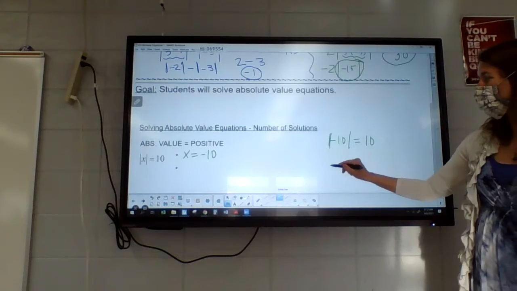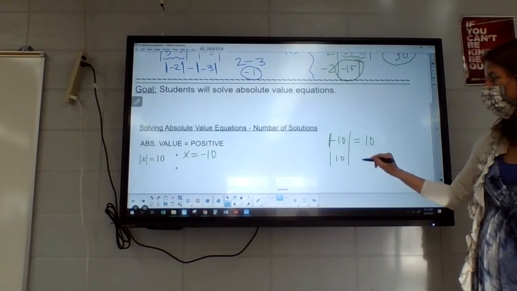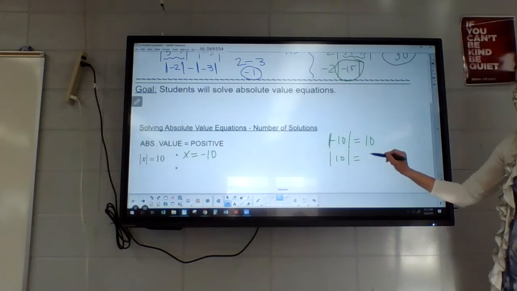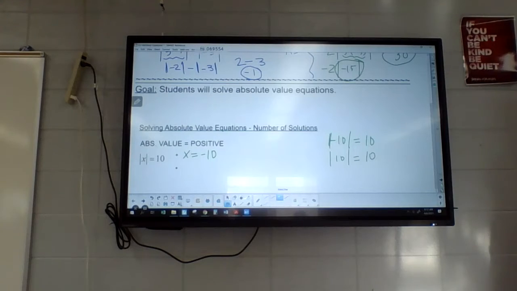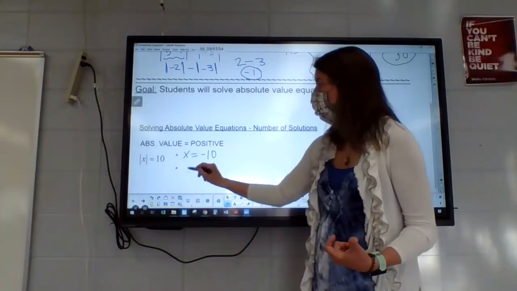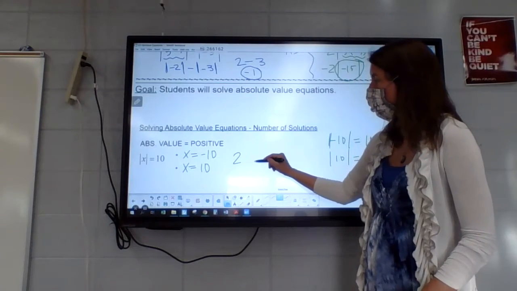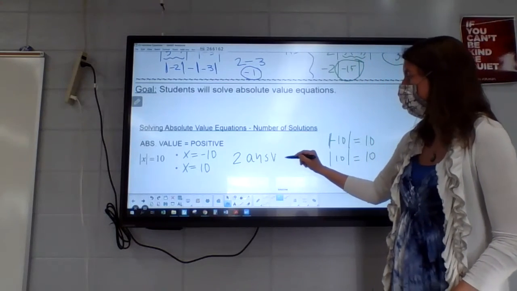Could x also be a positive 10? What's the absolute value of positive 10? Just 10 again. So that works as well. So x could be negative 10 or positive 10. So there's two answers for these types of problems.